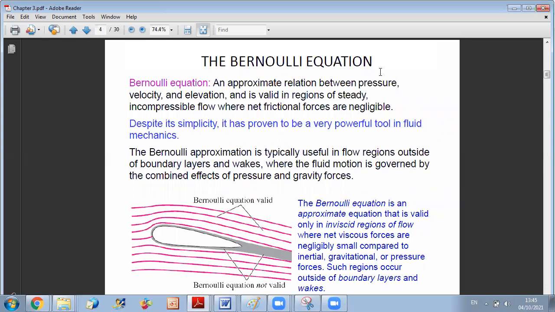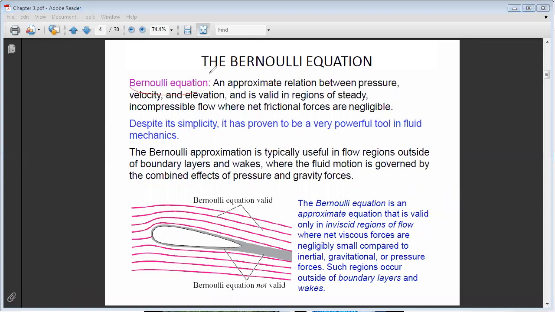If we analyze this sentence, we have a lot of assumptions, because first, the Bernoulli equation that you will derive will only be valid in steady flows. Incompressible: we will derive also a Bernoulli that can work for compressible flow, but the known Bernoulli equation is applied for incompressible flows, and we don't have friction, or friction is negligible.